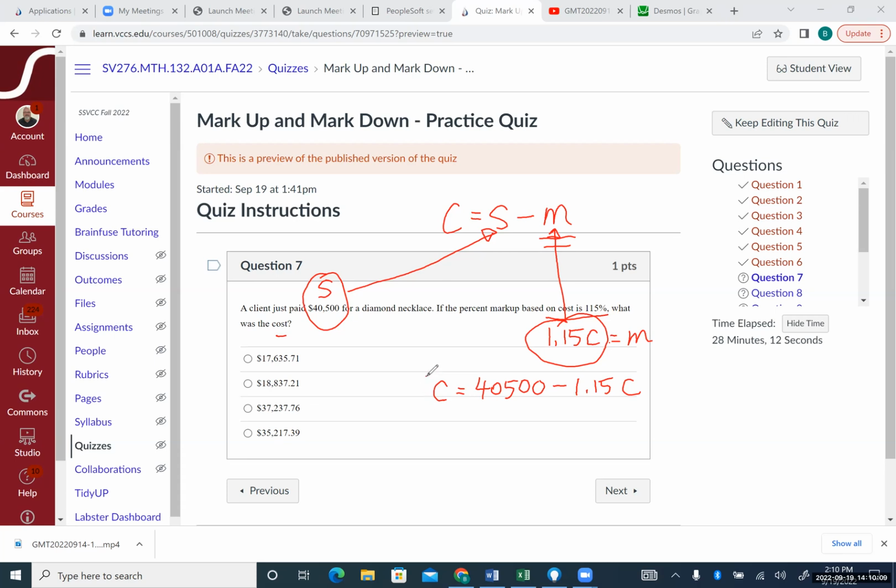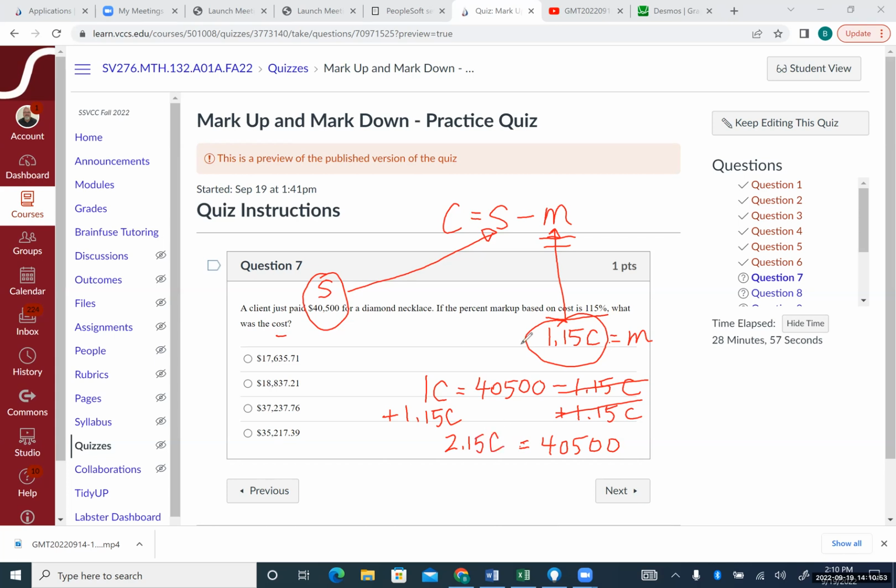This is 1C over here, and then I have this minus 1.15C, so I need to add this to both sides. On this side they cancel out, and I'm left with 40,500. On the other side, I have 1C plus 1.15C, which is 2.15C.